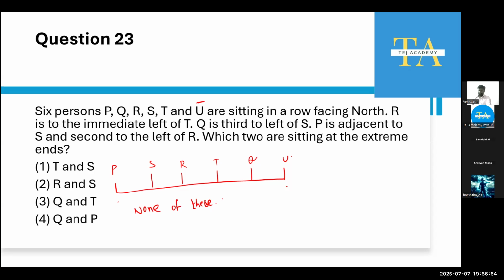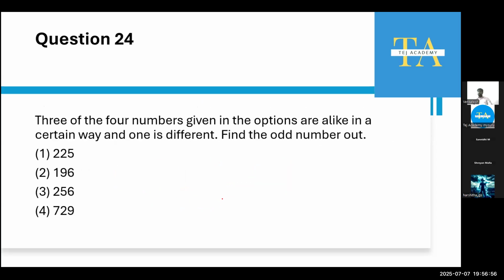Clear? Okay. Next one. So question number 24. Three of the four numbers are aligned in a certain way. Let's find out the number.